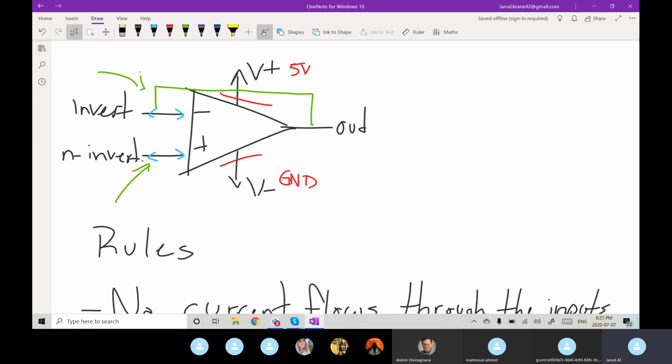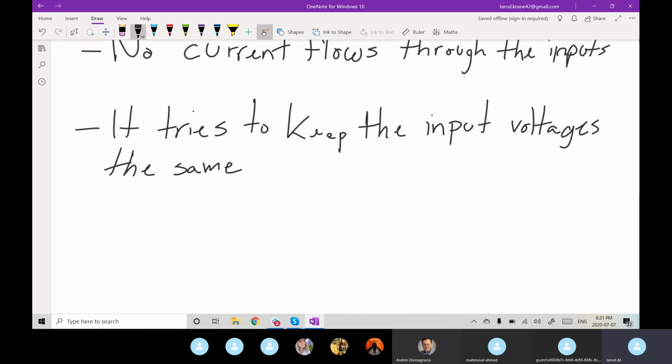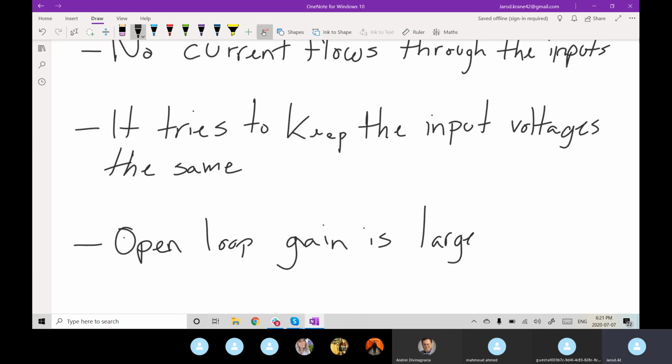And then the final thing that ties in to this second rule is, in an open loop, the gain is massive. For simplicity's sake, or in practical terms, it's basically infinity.